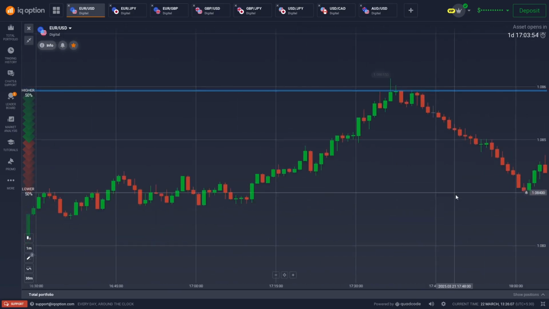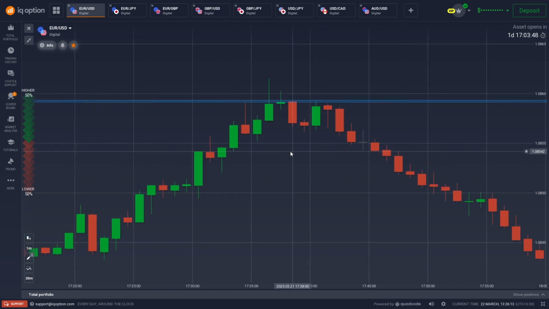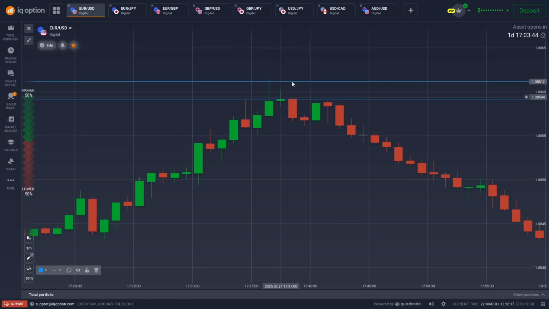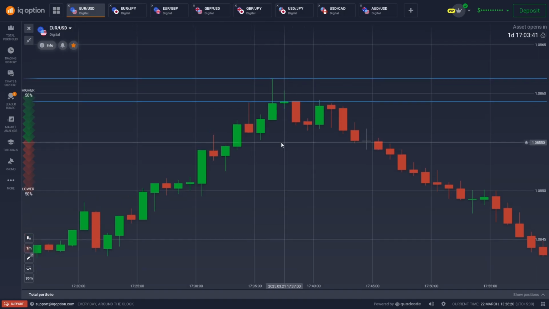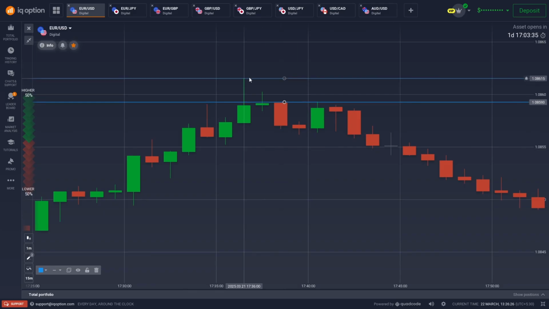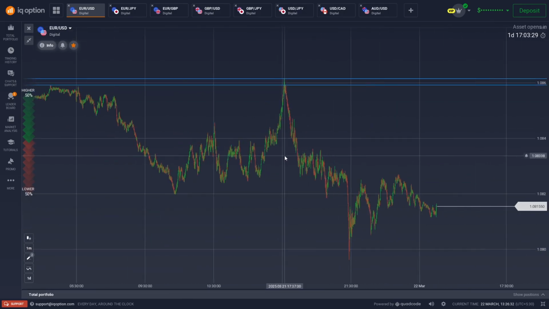Okay, and you can see here, the market did respect this zone, the price did reverse, but right now a new zone is required because it's been broken by this wick, but it was not a clear breakout, and that's why we have to update this zone. To update it, you simply use the wick and the nearest body, which is this. So this is our newly updated resistance zone.